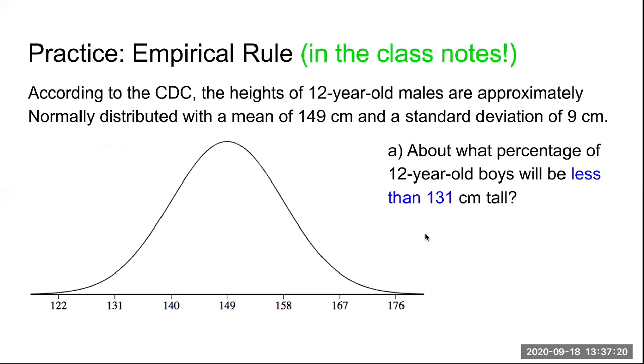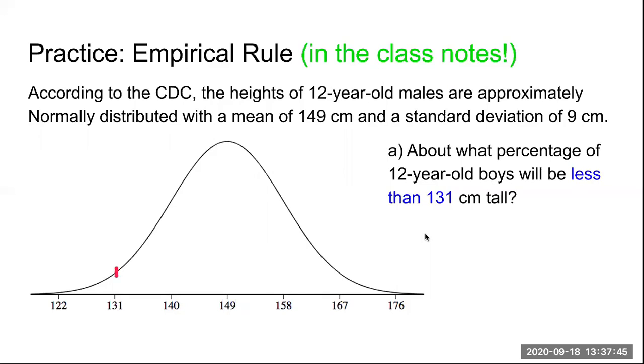So let's do a couple practice problems. According to the CDC, the heights of 12-year-old males are approximately normally distributed with a mean of 149 and a standard deviation of 9. We'll answer 3 or 4 questions with this same context. Part A says about what percentage of 12-year-old boys will be less than 131 centimeters. So I've already given you a normal curve. You could always draw it if you don't have the notes.